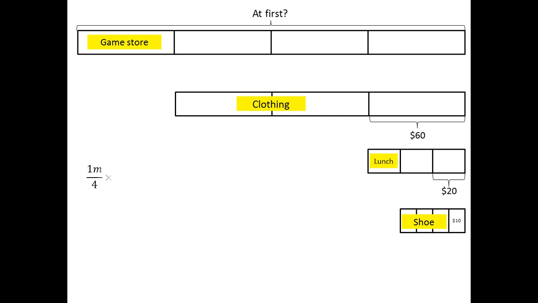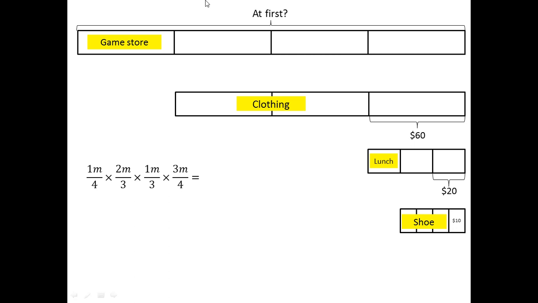That's why we have the second method, which uses multiplication. Amy spent 1/4 of the cash, 2/3 of the remaining, 1/3 of what was left, 3/4 of what remained. So "of" means multiplication.